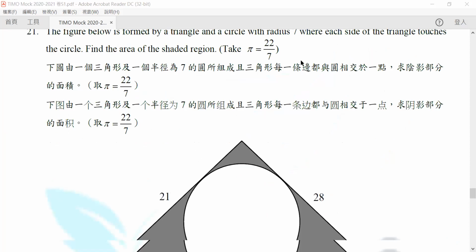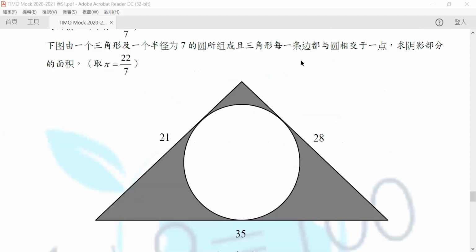Now this is actually difficult. This is difficult, but it is also a very good case to study. Now we have a triangle with sides 21, 28, and 35.